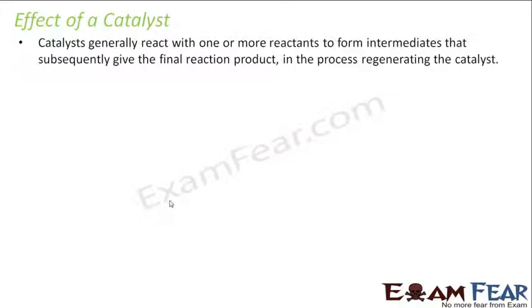Let's understand the effect of catalyst. See, what a catalyst does is it increases the rate of reaction. And how does it increase the rate of reaction? Because it forms some intermediate product which increases the rate of reaction, and again it gives the product back to the system.